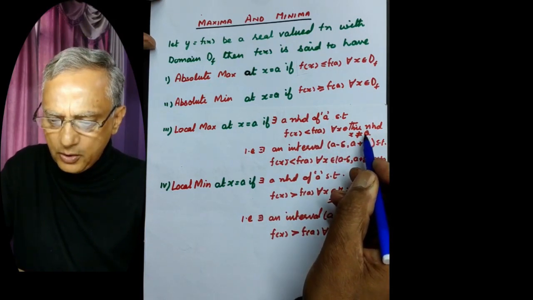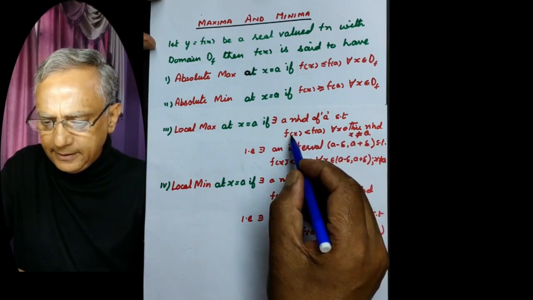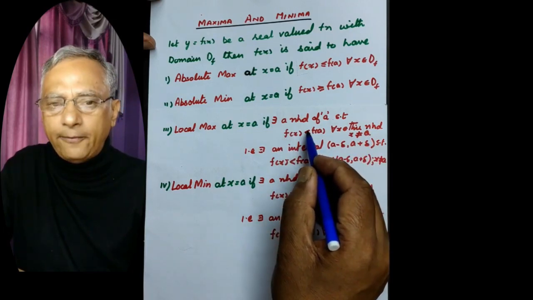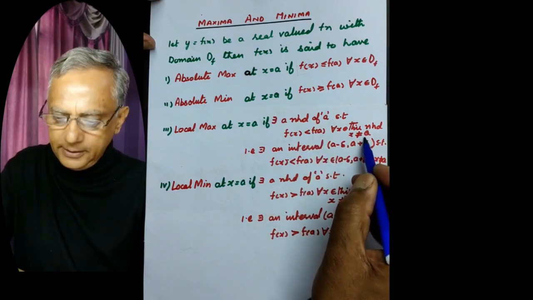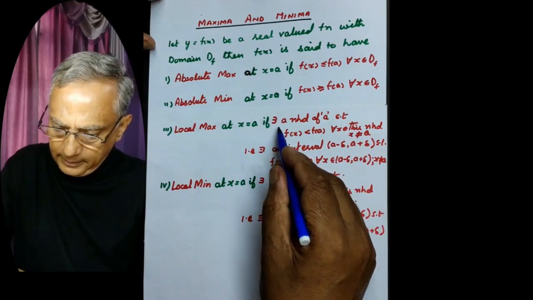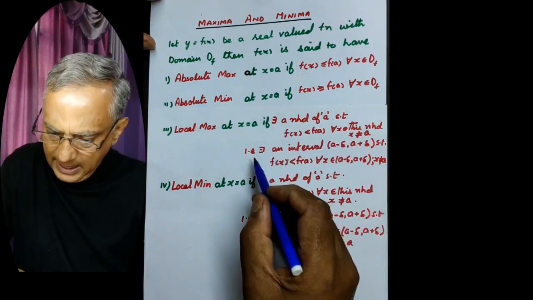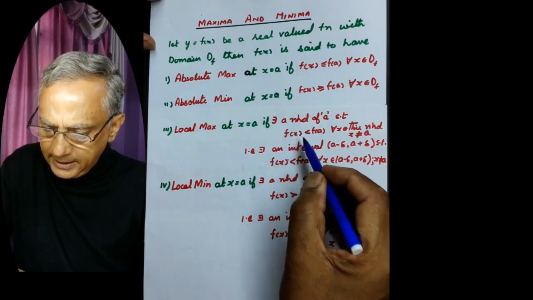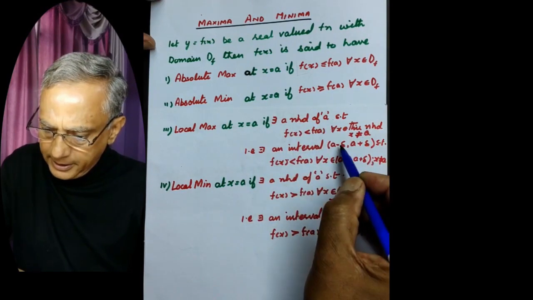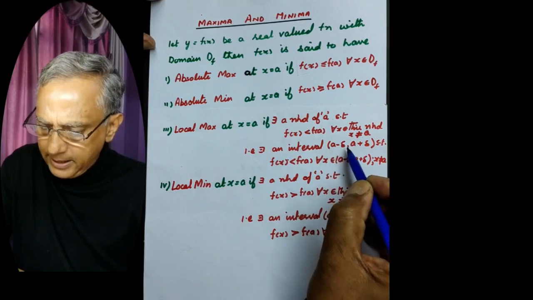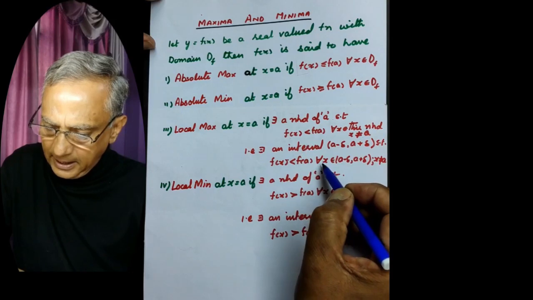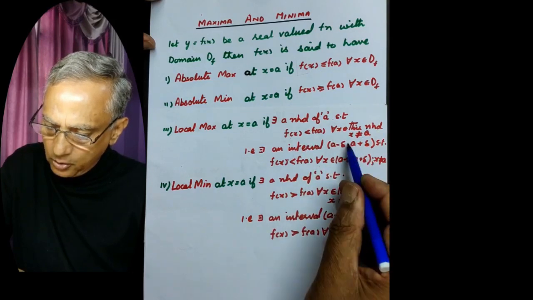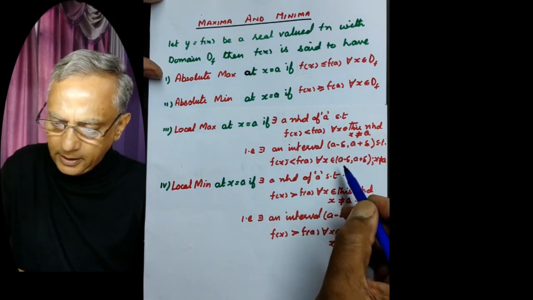x not equal to a, because if x is a, then we must have f(a) equal to f(a). Here we have strict inequality, so we exclude this point. This can be written as: there exists an interval containing a, that is the interval (a minus delta, a plus delta), such that f(x) is less than f(a) for all x belonging to this interval.